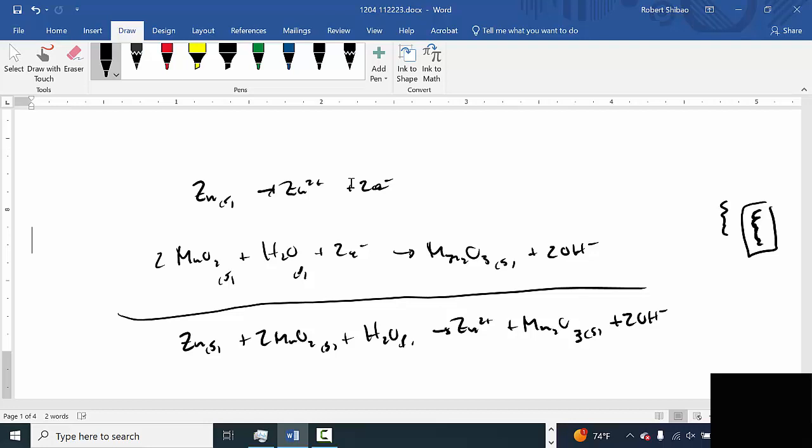Extent of what? Extent of reaction. Why do we care about the extent of reaction? Who cares how much reaction has progressed? 50% reaction, 75% reaction, 90%. Who cares?